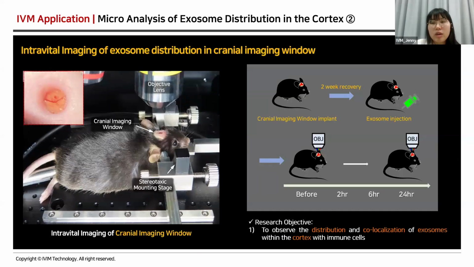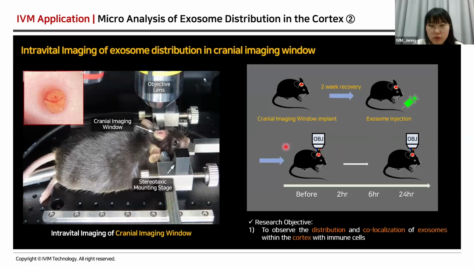So after cranial imaging window implantation, followed by a 2-week recovery period, the mice were injected with exosomes and fluorescently labeled anti-CD31 antibodies and anti-CD11b antibodies to visualize the blood vessels and dendritic cells in the brain.